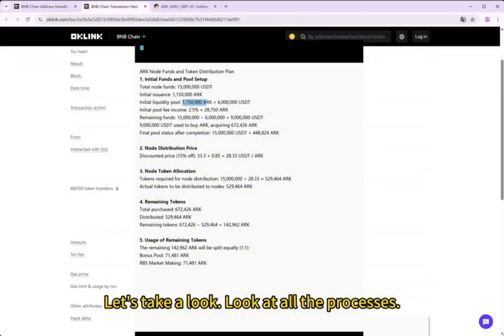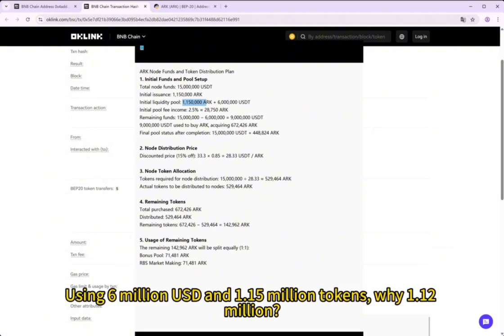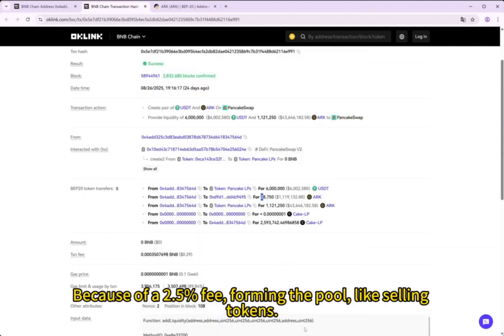Look at all the processes. Node, using $6 million and 1.15 million tokens. Why 1.12 million? Because of a 2.5% fee, forming the pool, like selling tokens.